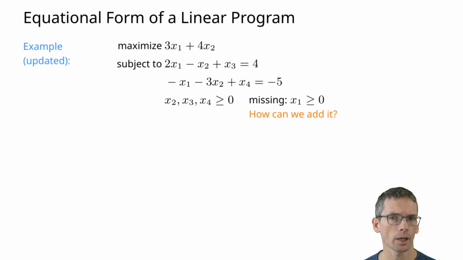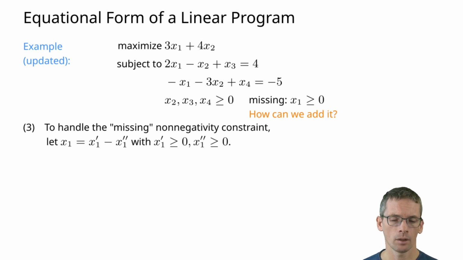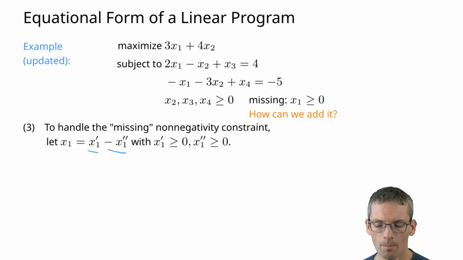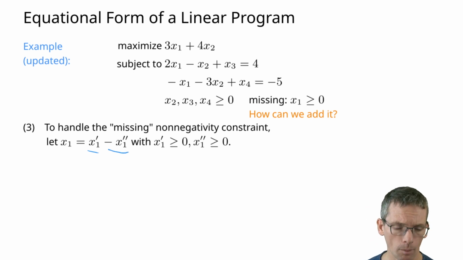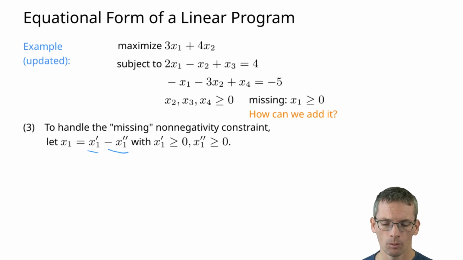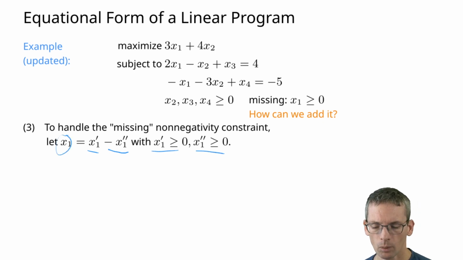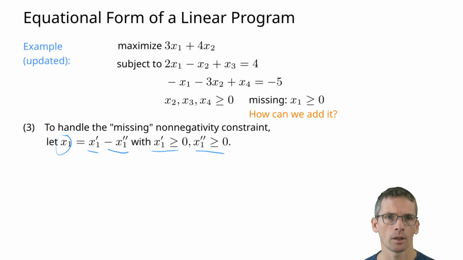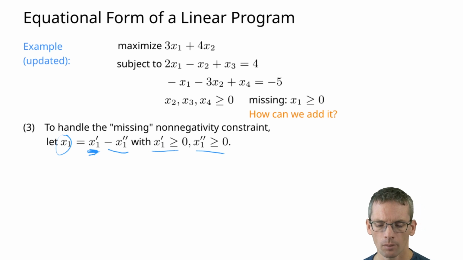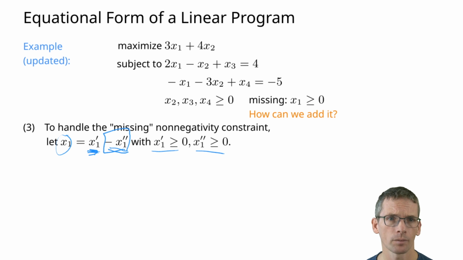We rewrite x1 as x1 prime minus x1 double prime. Both of those should be non-negative. So we replace x1 by those two variables, and in effect, if x1 should be positive, we get this by having x1 prime positive, but we can also make x1 negative by simply making x1 double prime positive.